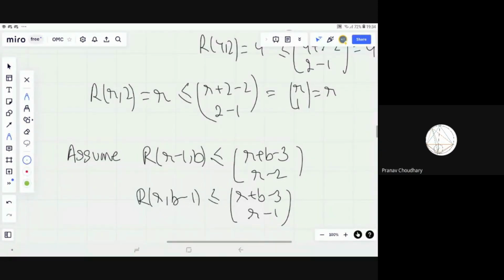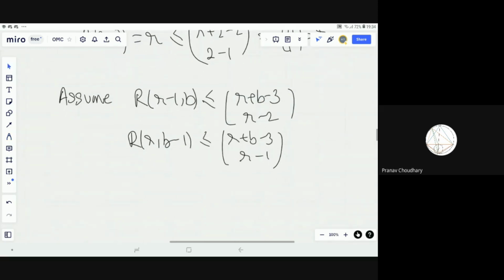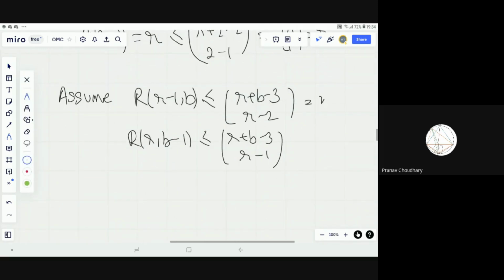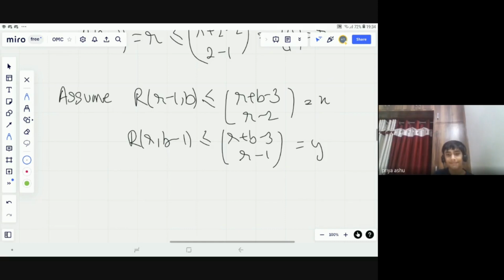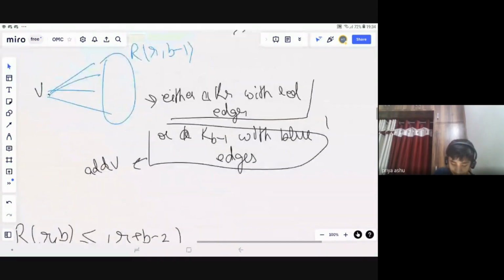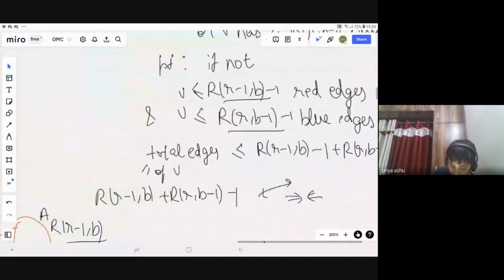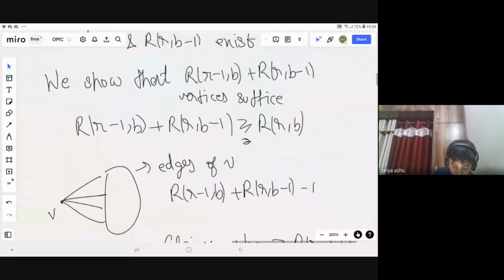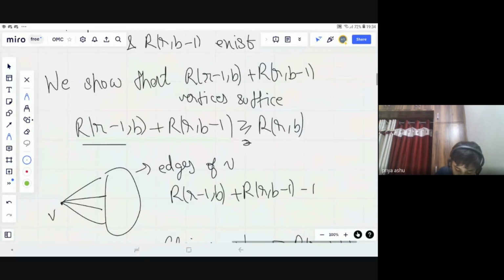We claim that, let's say the first value is x and this one is y. x plus y minus 1 would work. That's what we did above. So this inequality is quite important, and exactly, we'll just use this.